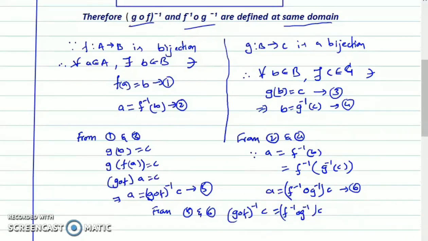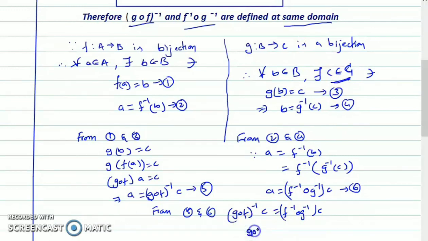So for some element c in the domain, (g∘f)⁻¹ and f⁻¹∘g⁻¹ are defined from C to A, with domain C. So for some element c in the domain, these two functions are equal.